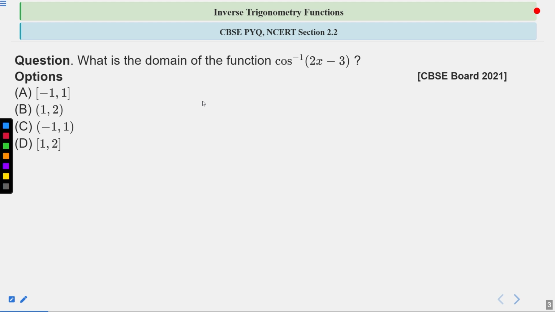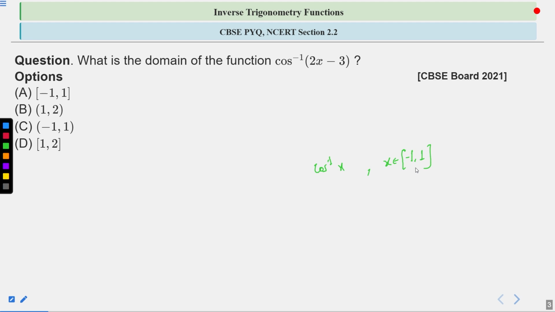We basically have to find the domain of the function cos inverse 2x minus 3, right? Now see, we know that the domain of cos inverse x is basically from -1 to 1, right? So we have to find the domain of 2x minus 3.